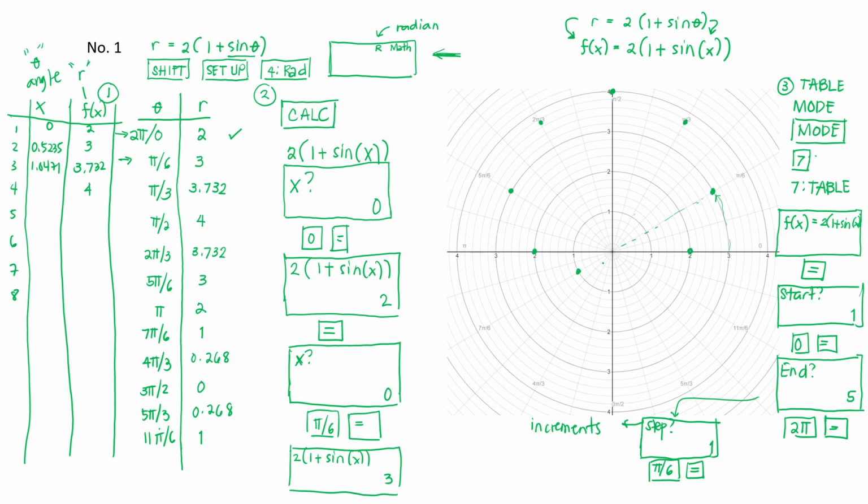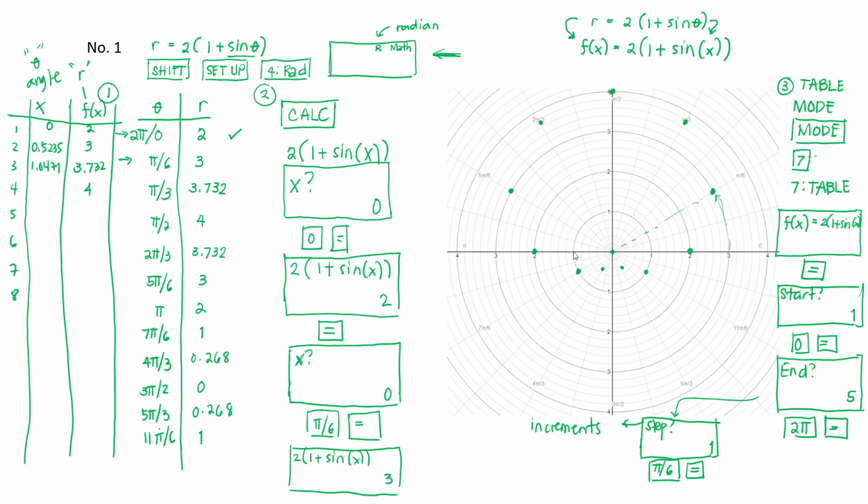So at 4 pi over 3, let's say 0.3 only, since this is difficult to plot. And then 0. Then going back to 0.3. And then next is 1 for 11 pi over 6. Then again at 0 or 2 pi, you're going to have the value of 2 again. So that's how you create your different points.